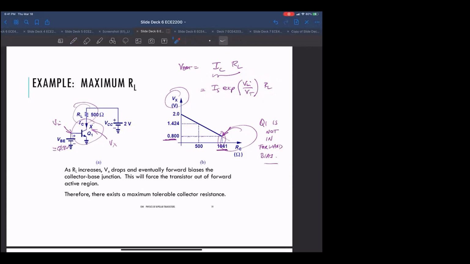So what this exercise is saying is there's a maximum value for gain that you can get for a certain base emitter voltage, supply voltage pairing. At some point, you're no longer going to be able to have a gain. So there's a maximum gain you can get.